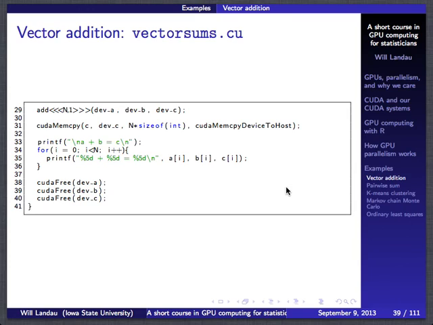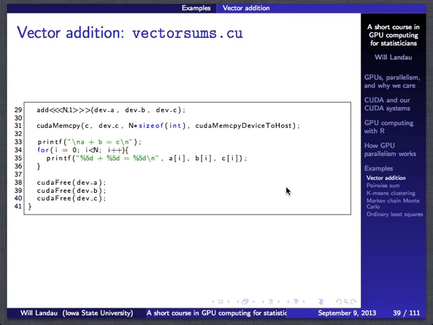These ugly triple angle brackets are saying I'm calling this thing with n blocks and 1 thread per block. So if you're just using 1 dimension of blocks and 1 dimension of threads, it's always going to be number of blocks, number of threads per block. And that does the addition.